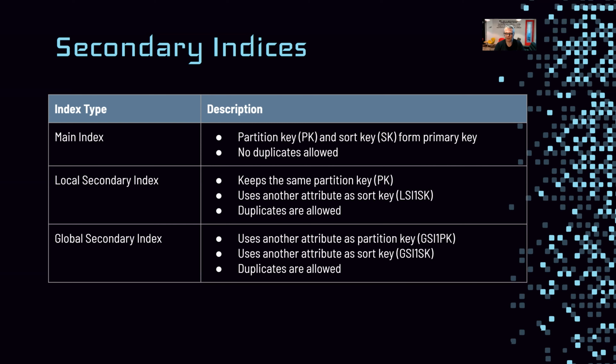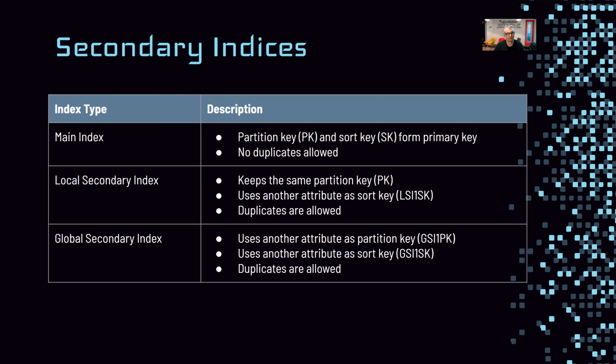So obviously, the main index could not. A single primary key, gee, I get confused here, represents a single item in the collection. That is not true in the secondary indices. The only operations that can access data in the secondary indices are the query and the scan operation. That's it. You will never make use of the secondary index unless you're using a query or a scan. Most likely query, which is much more efficient than scan, which just sends back everything.